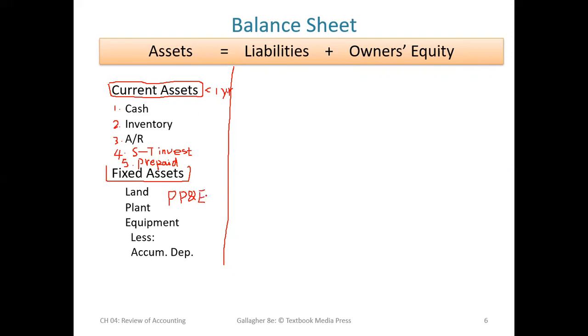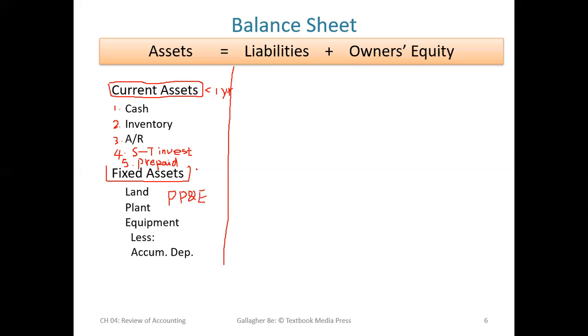Most accounting textbooks talk about property, plants, and equipment. Remember that fixed assets are long-term, usually more than 1 year. They have their own life cycle and last for many years.